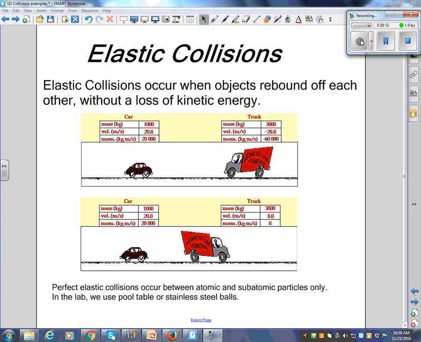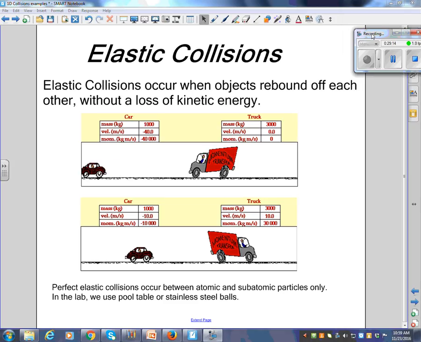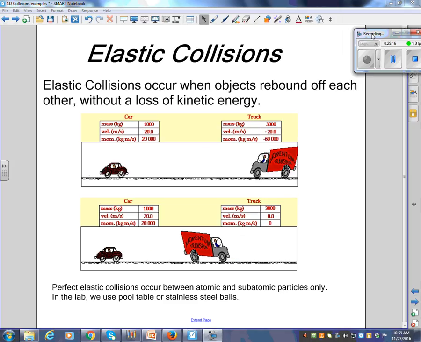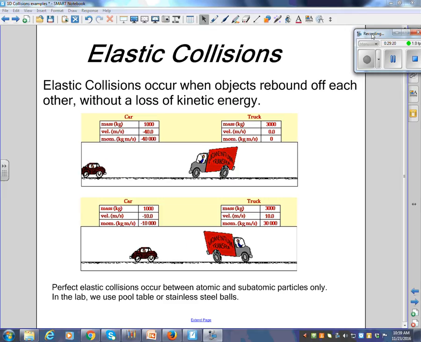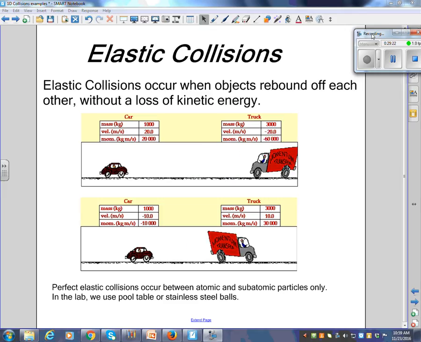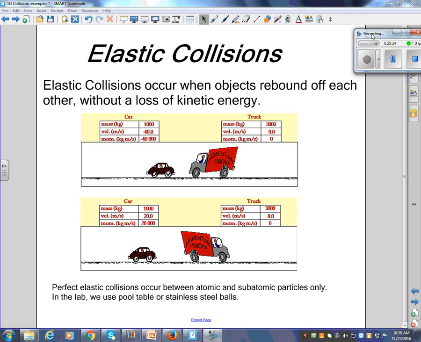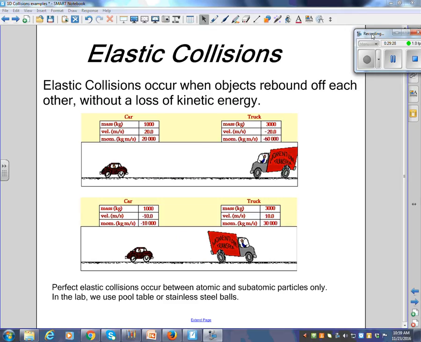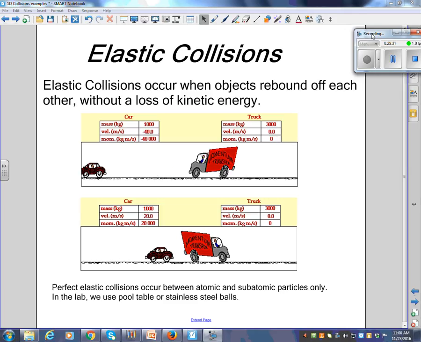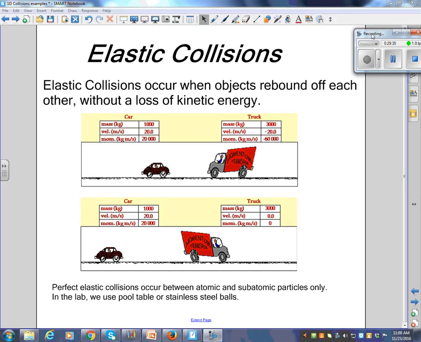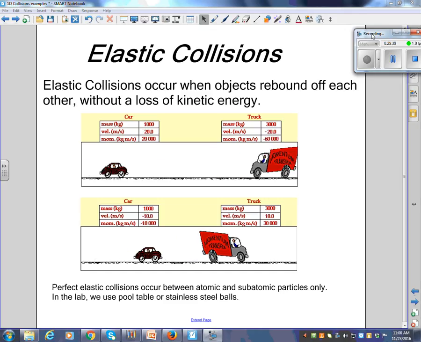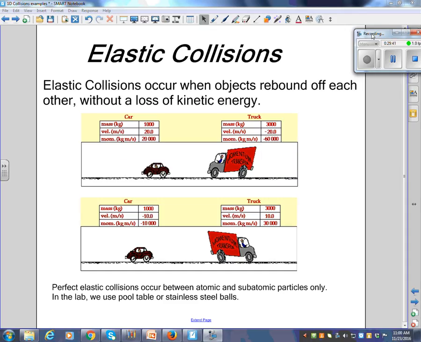All right. Elastic collisions are a little different. Inelastic means put together. What do you think elastic means? Balance, right? What if one is more massive than the other? What happened?